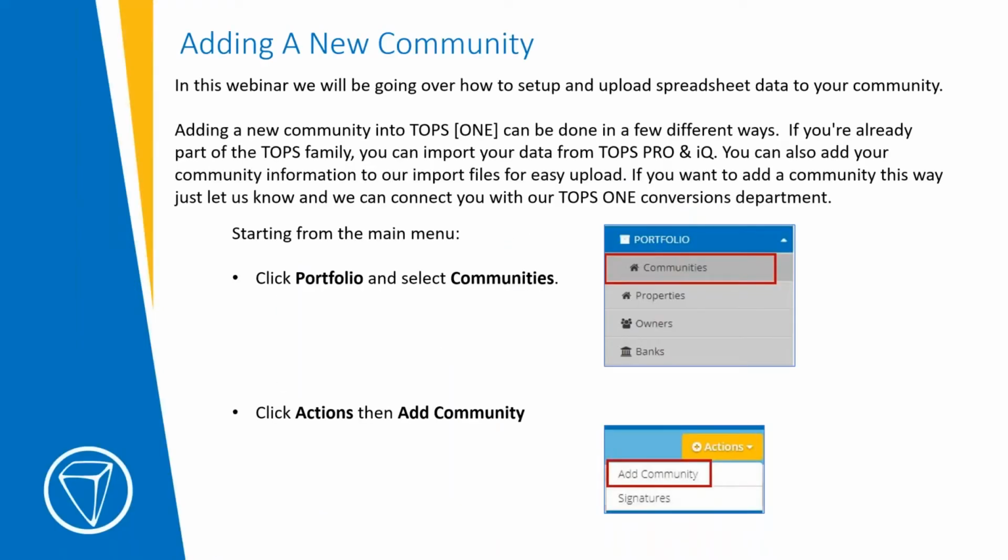Adding a new community. We're going to be going over how to set up or upload spreadsheet data for your community. Now, it can be done in different ways. If you're already using TOPS software, IQ or Pro, and you're receiving a community from another management company and they are IQ or Pro, we could do the import for you.